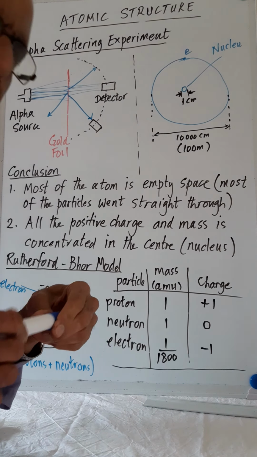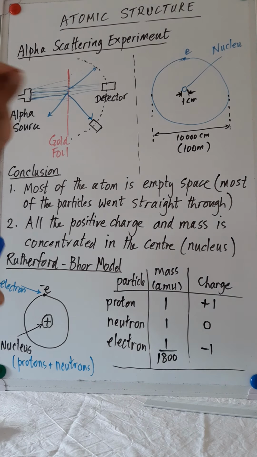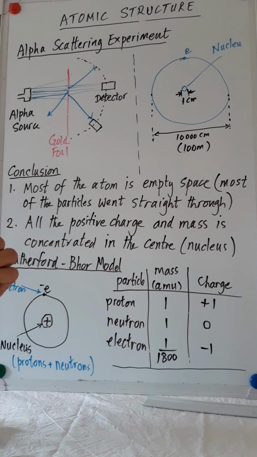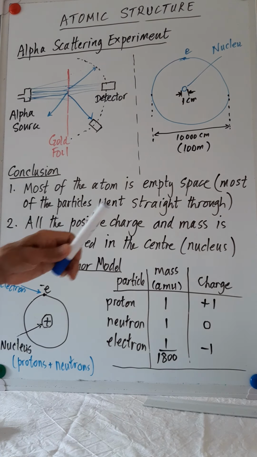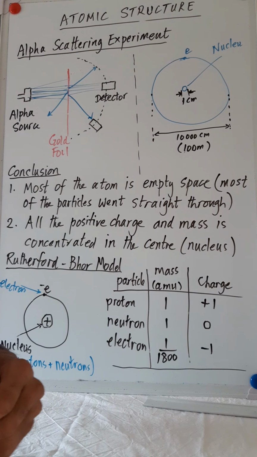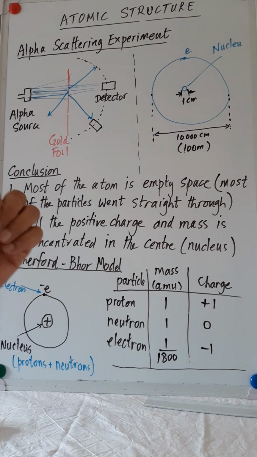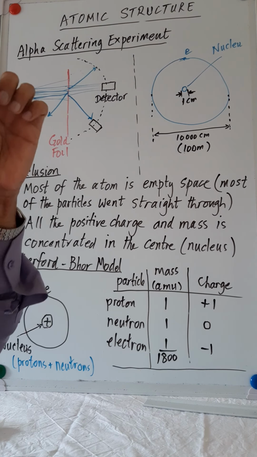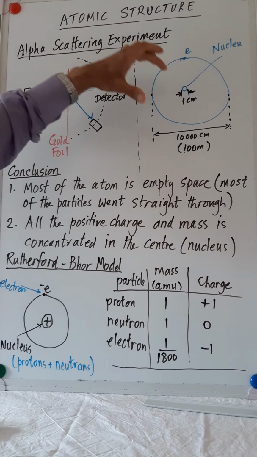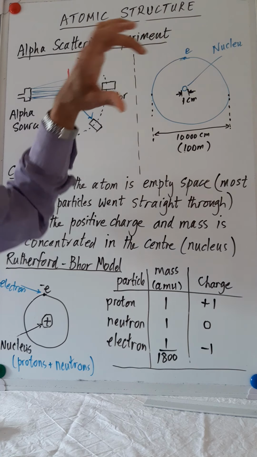Now, to picture this in your mind, if you imagine a small marble or a pea placed in the middle of a football field, then the nearest electron will be where the goalpost is, okay? Because the nucleus is so tiny, but all the mass of the atom and the charge is located in the nucleus. It's concentrated in the nucleus.